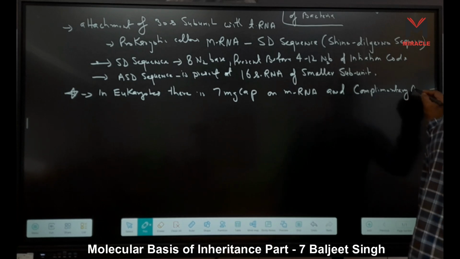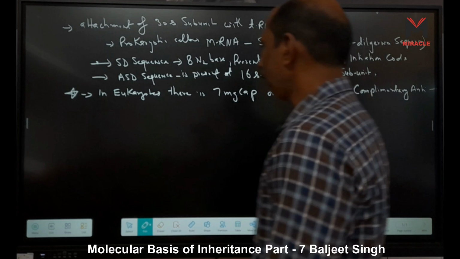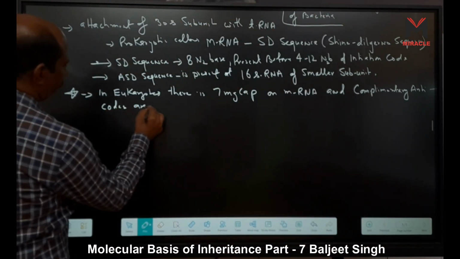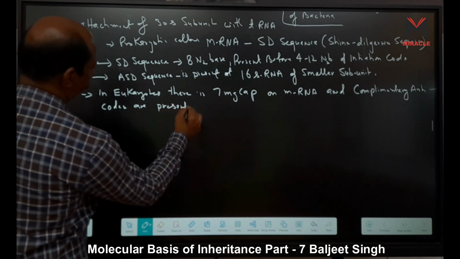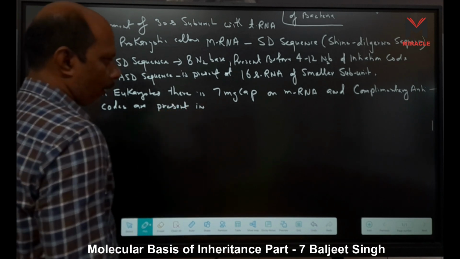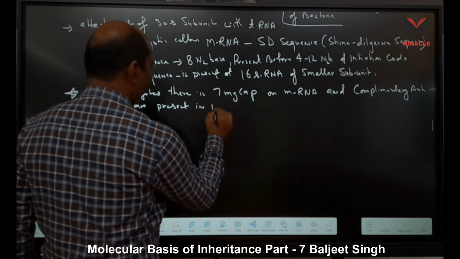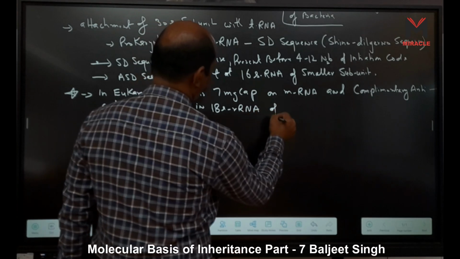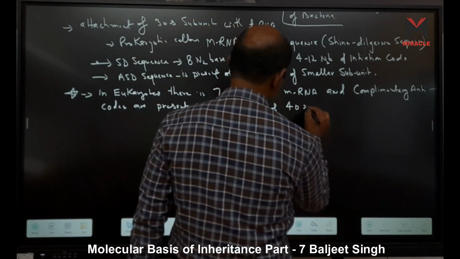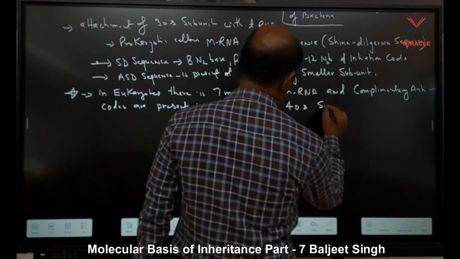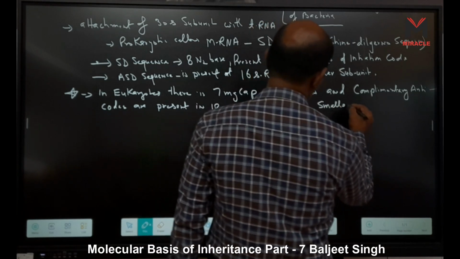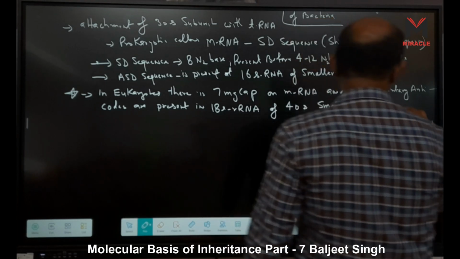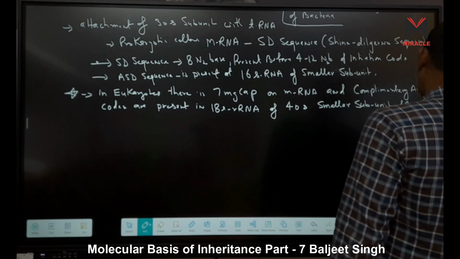Complementary anticodes are present in the 18S ribosomal RNA of the 40S smaller subunit of the 80S ribosome.